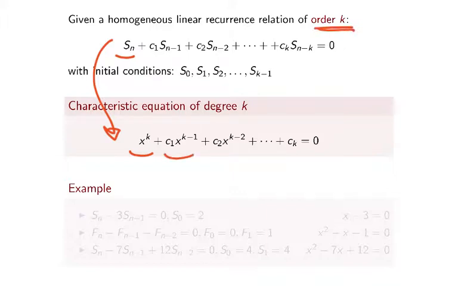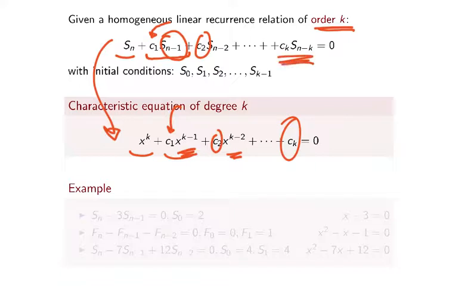After that, the next term has the same coefficient that we have in the relation, and Sn minus 1 is going to be substituted by a power of x to the k minus 1. And so on. You are going to put the same coefficients and powers of x until the last term, the one of degree 0, x to the 0, that corresponds to the last term of the relation.